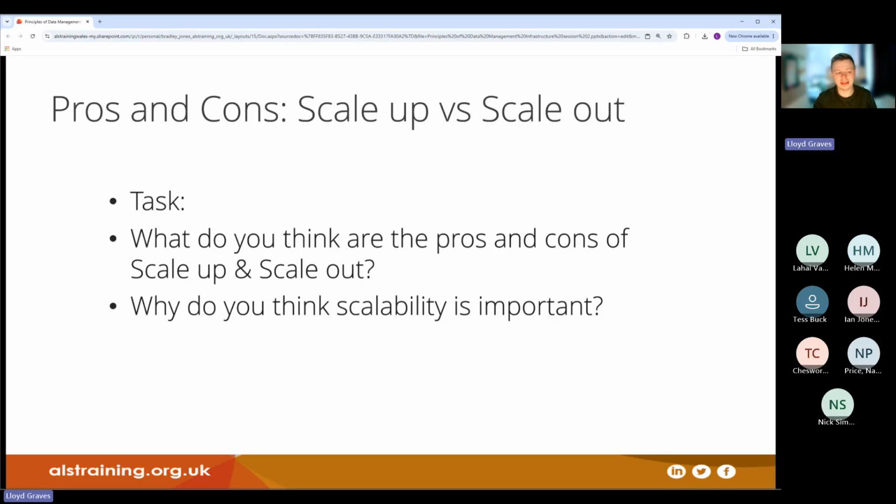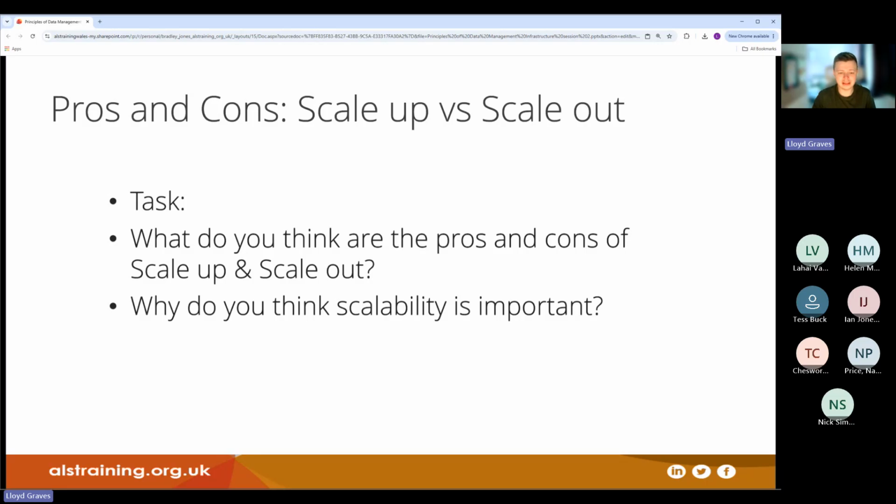But it's really when you get into the upper echelons of performance that equipment starts getting really, really expensive. So sometimes it might actually be cheaper to buy a whole new system to go alongside the one you've got than to buy the top end hardware for what you're already using. So that's the one thing.